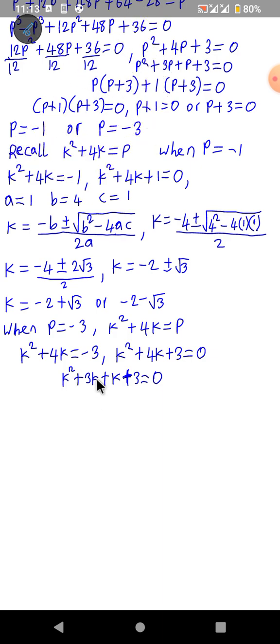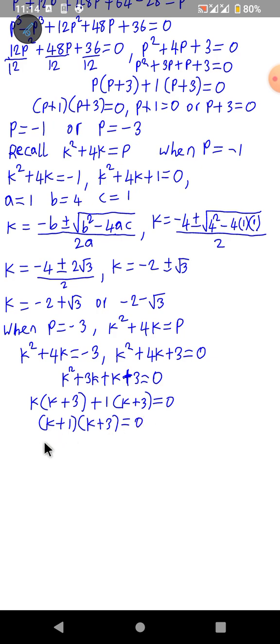Now we have k square, we have 3k here. Now the HCF between k square and 3k is what? k. So I'll say k open bracket, k square divided by k is what? k, plus 3k divided by k is what? 3. Then plus, alright again, k plus 3 all equal to 0. Then k divided by k is what? 1. Then we'll continue again. We say k, that's this k plus this one, open bracket, k plus this 3. Then all equal to 0.